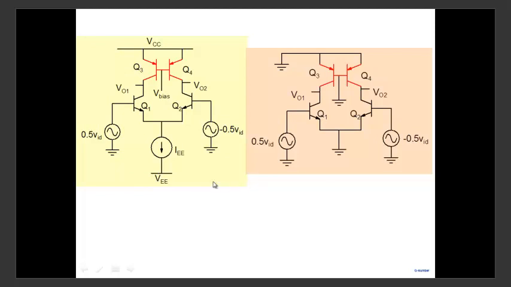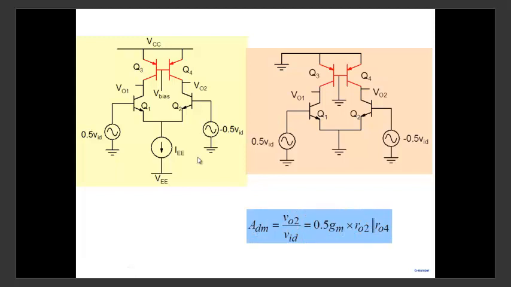All right, so let's compare the two configurations. If I had this configuration, if I had not used a current mirror action, if I had just used an active load, then both sides are symmetrical. It would have broken in half and we would have gotten gain as 0.5 gm R02 parallel R04.